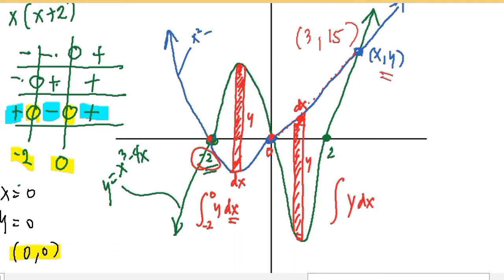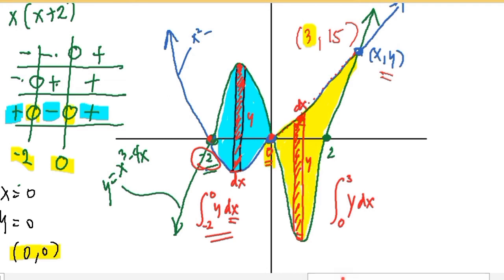Tapos, yung limit natin dito, since we are in x, magsisimula siya sa 0, papuntang 3. Yan kasi yung ating limit, from 0 to 3. Isang integral para sa area na makikita natin dito sa part na to, at isang area din para dito sa kanan. Kaya magkakaroon tayo dito ng dalawang integral.